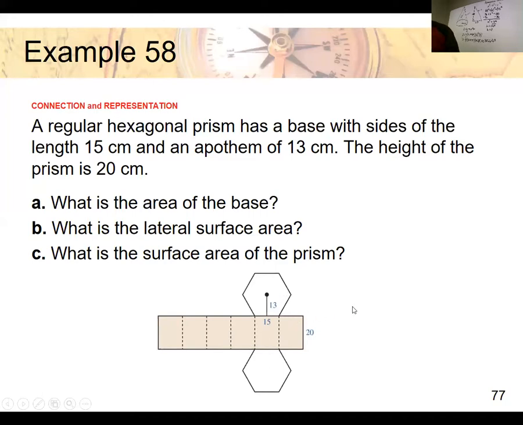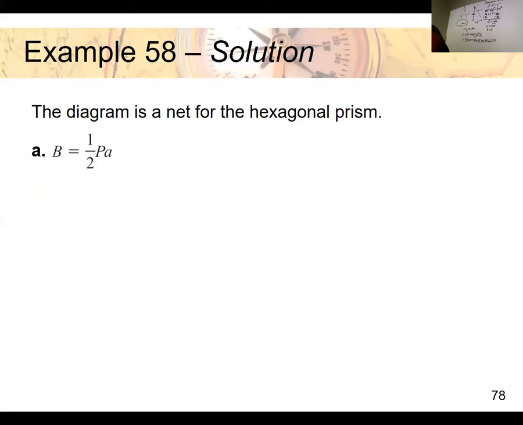So if you start with the area of the base, that formula is 1/2 times the perimeter times the apothem. And that apothem is going to be that vertical line from the center to a side perpendicular to it.